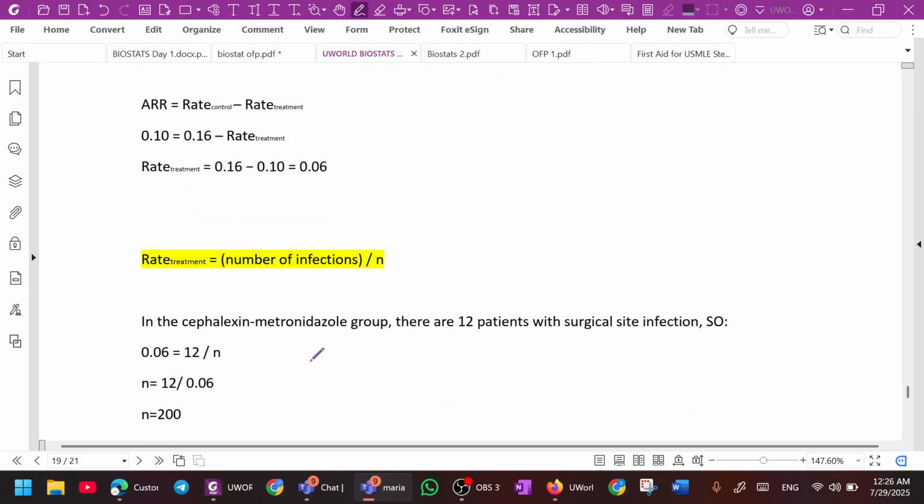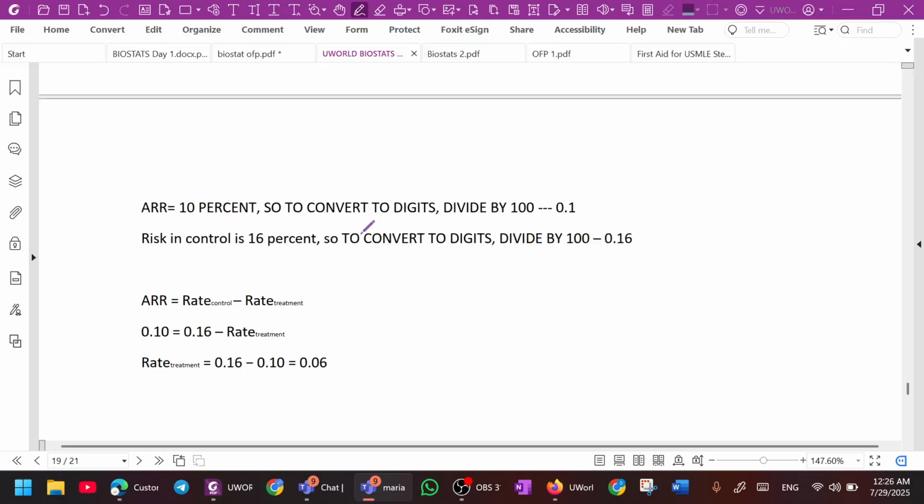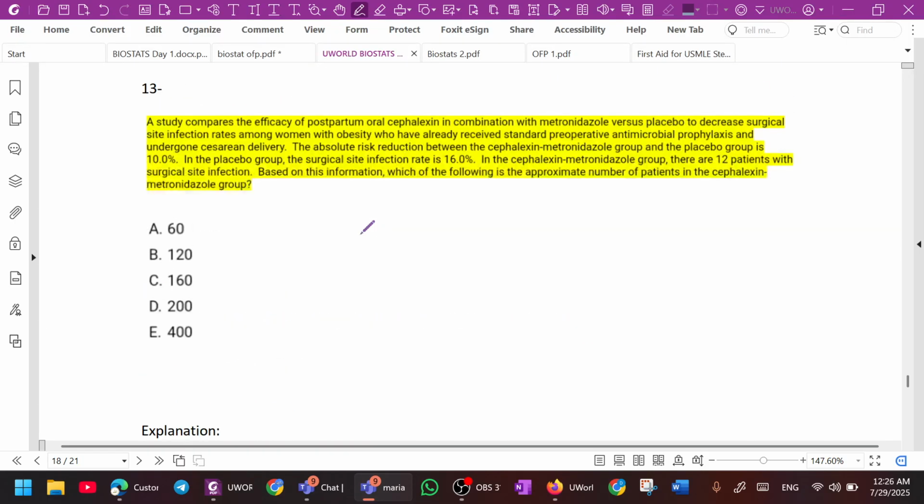Next, we need to find it out. Remember what I had done: I found out the difference. Here the cephalexin metronidazole group is 10 and the placebo group is 6. So there is a 6% difference, isn't it?